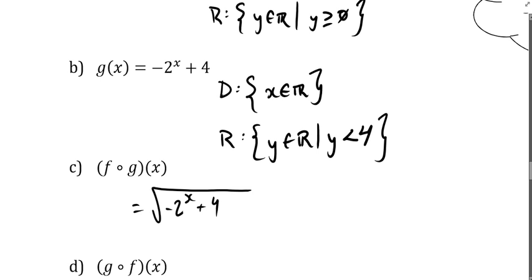You know that what you put into the square root, the radicand, has to be greater than 0. Like, you know that. So now you're starting to think, well, what makes negative 2 to the x plus 4 greater than 0? In other words, when is that greater than 0?